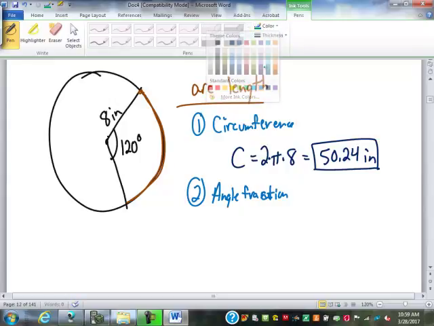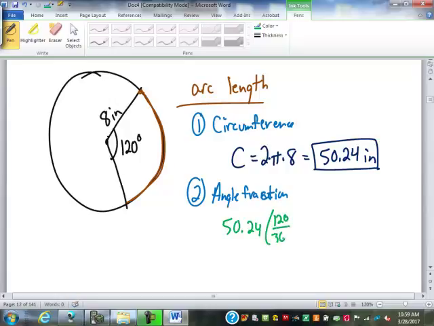What does that mean? Well, is that circumference 50.24 times 120 over 360? So 16.75 inches is that arc length.